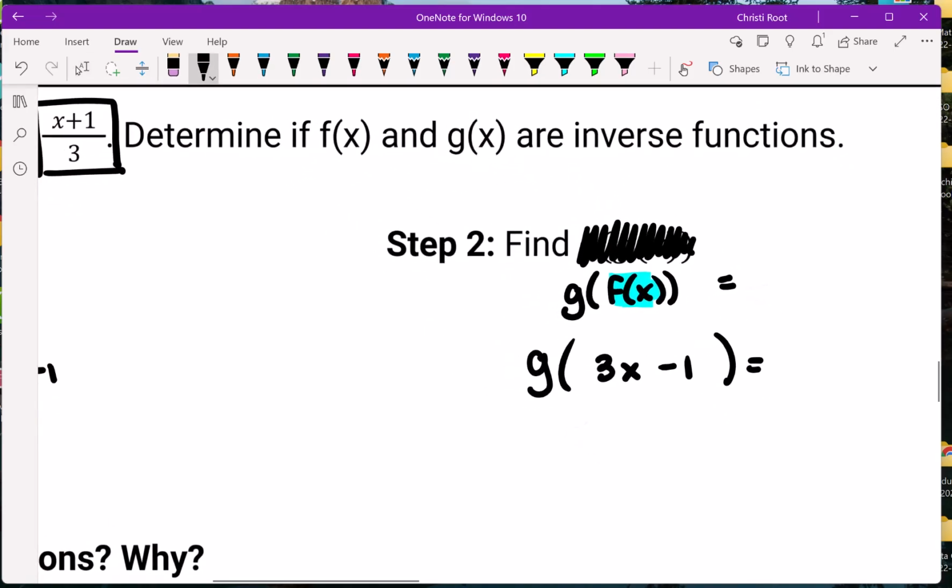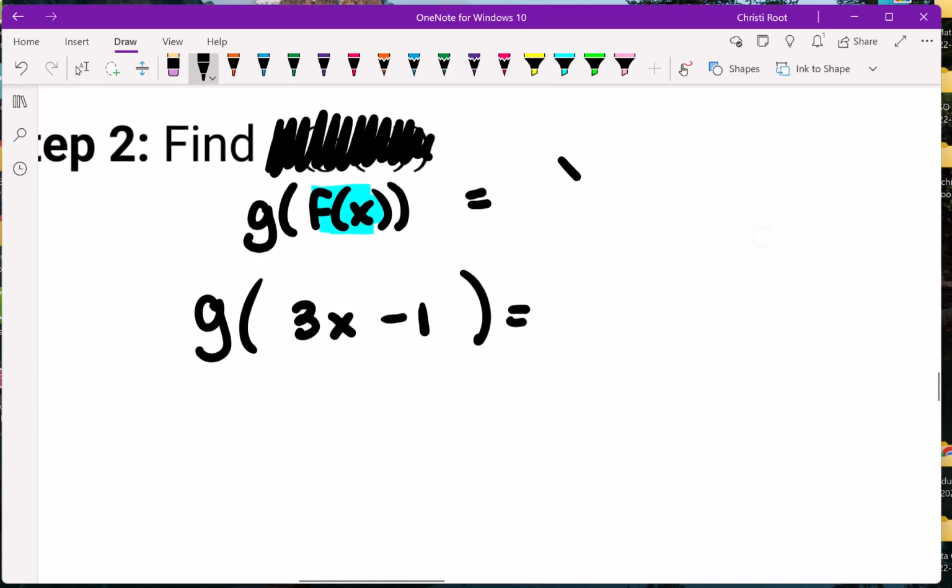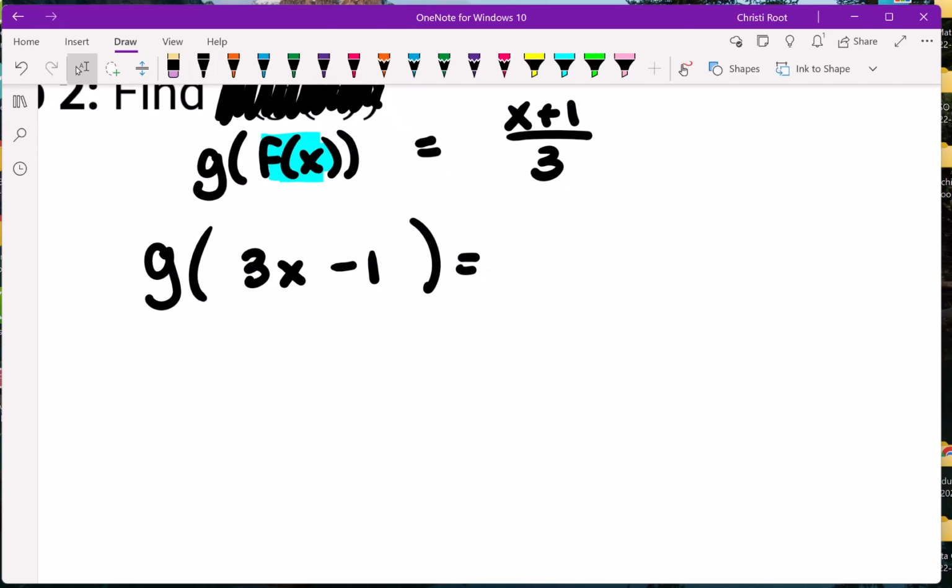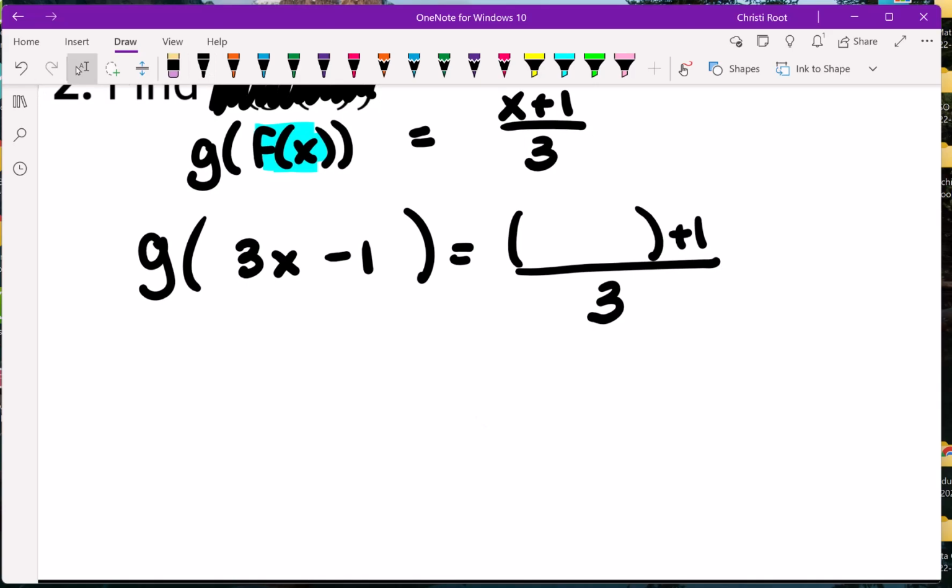And g of x is x plus 1 over 3. So I'm going to have a big fraction, except x is now going to be the f function. So this 3x minus 1 is now going to replace the x over here. So I'm going to put 3x minus 1.